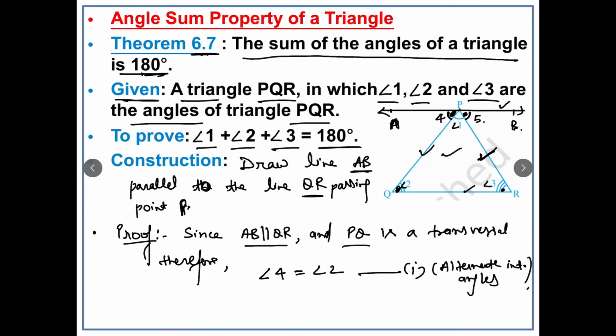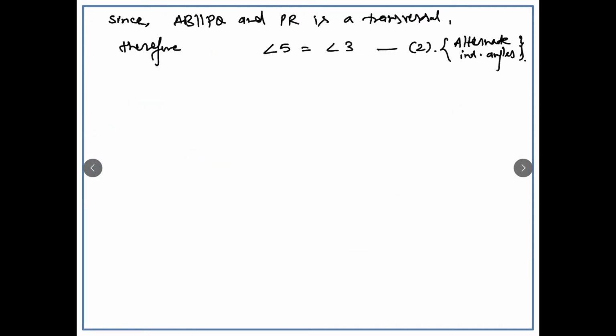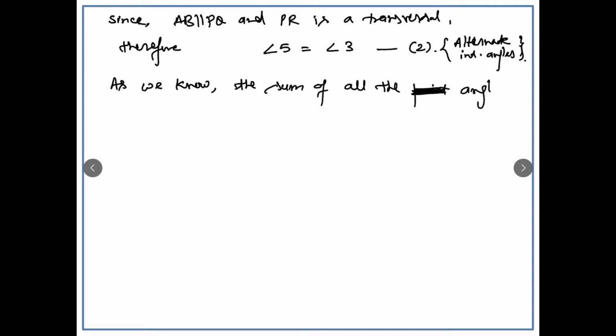And at this point P, you will find that we have three angles, that is angle 4, angle 1 and angle 5, and all these angles are at the point P. So as we know, the sum of all the angles at a point is 180 degrees. In the previous class, class 7, you have studied that the sum of all the angles at a point will be 180 degrees.